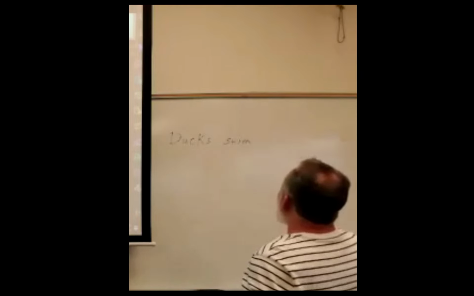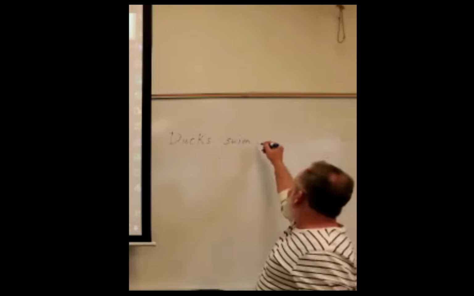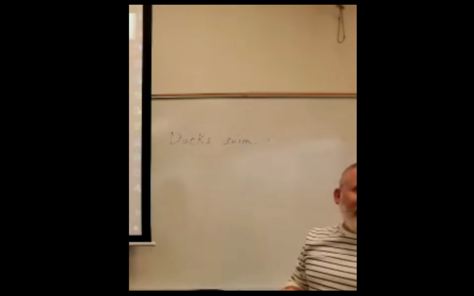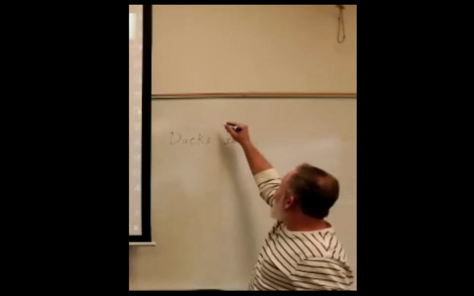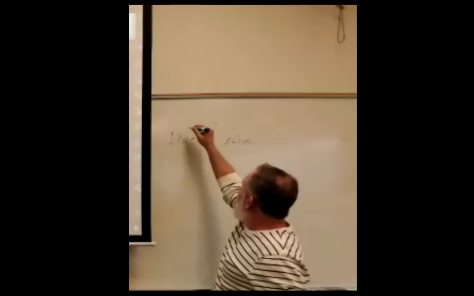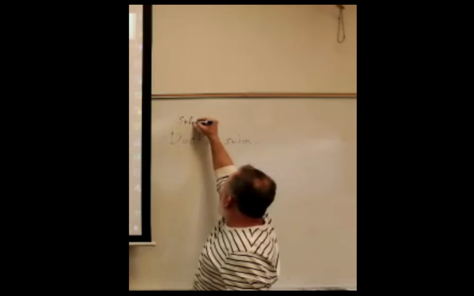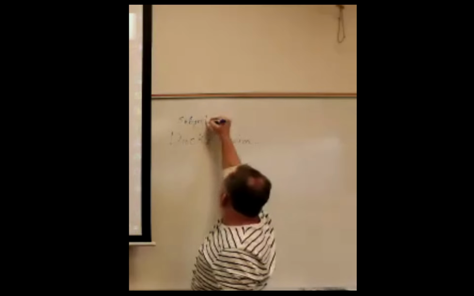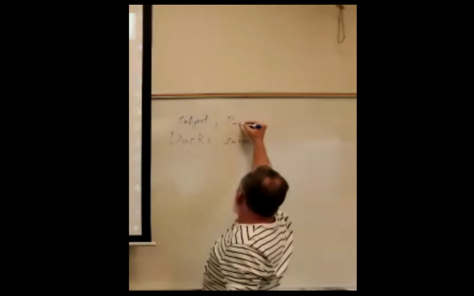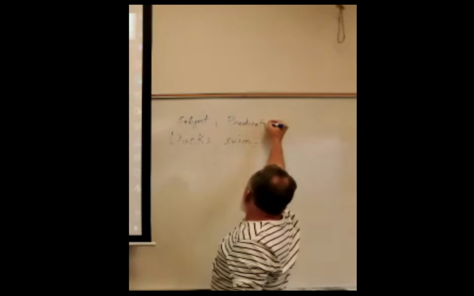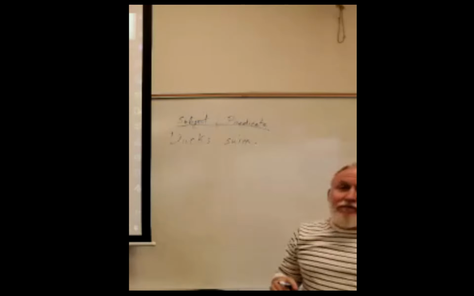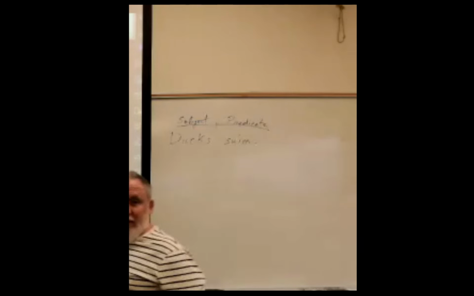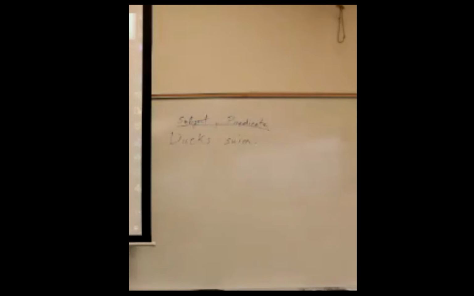Right. So, ducks swim. This is kind of the simplest sort of sentence that we have, and this is subject and predicate. And in general, all proper sentences in English can be divided into subject and predicate.